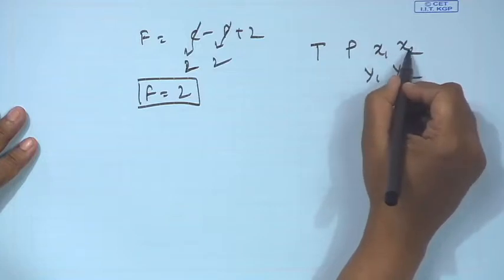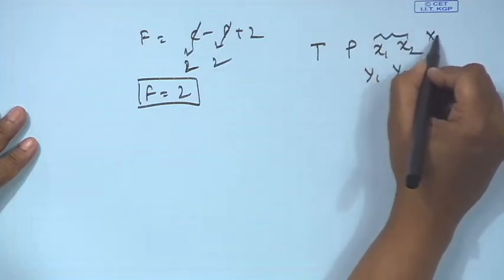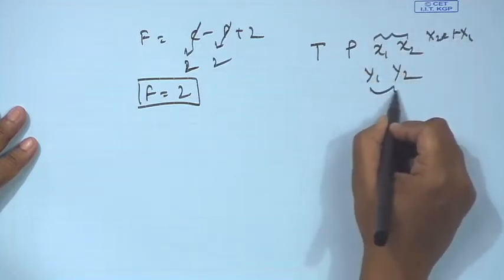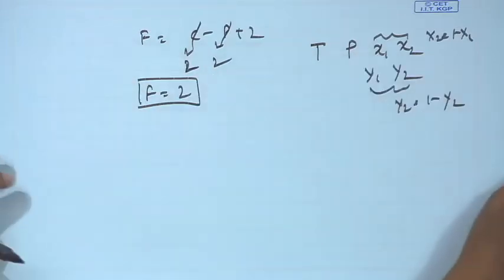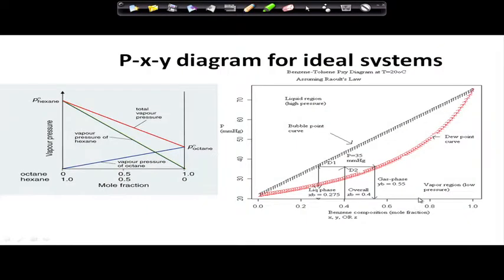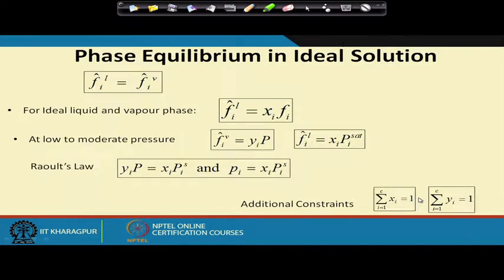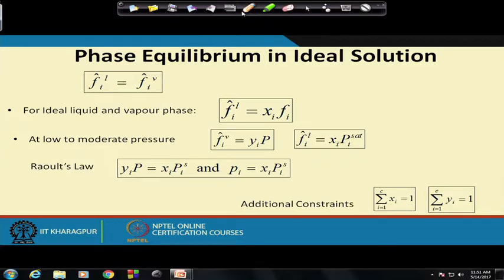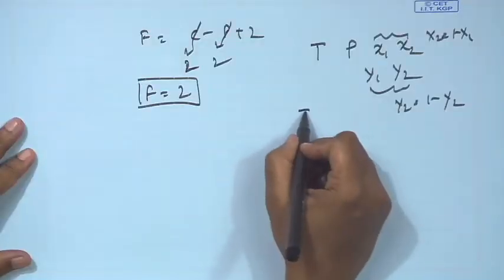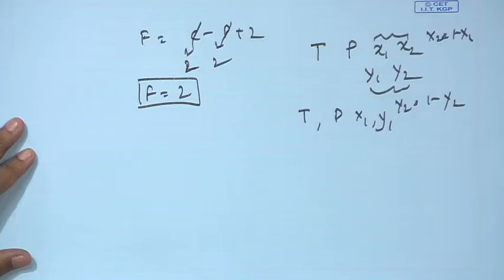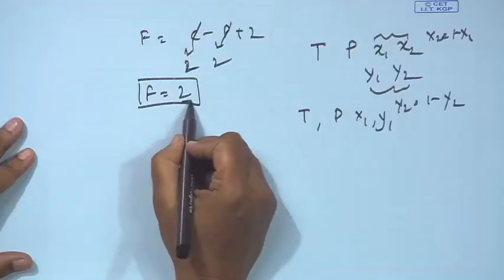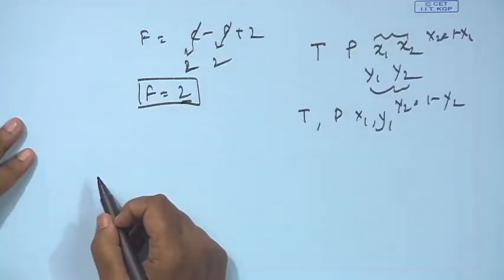And we know that x_1 and x_2 are related by x_2 equals 1 minus x_1, and these two are related by y_2 equals 1 minus y_1. So, basically we have 4 variables, fine. Out of these we know for a two component system, just 2 variables can be varied at will, the other 2 automatically get fixed.